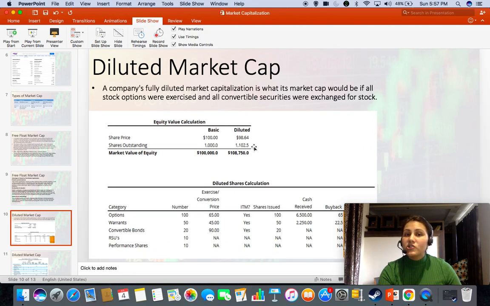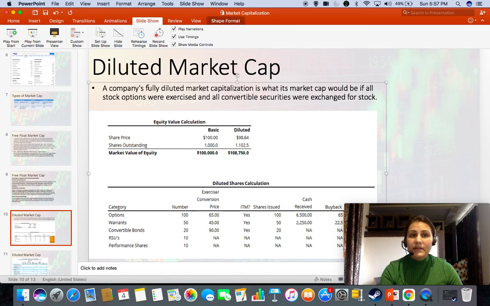Because the shares outstanding value has increased, it will indirectly decrease the value of the share price. So if you divide this market cap by these shares outstanding, definitely the share price would decrease.